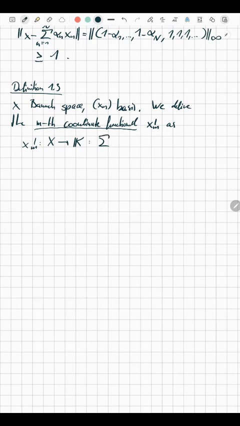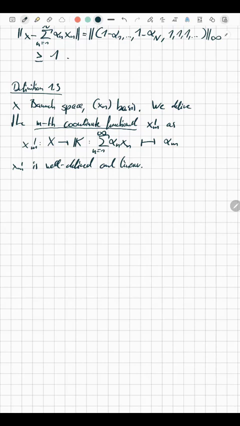Now, since every vector has a representation with respect to this basis, this is well defined. We map this to the mth coordinate. And this is also linear. So xm dash is well defined and linear.